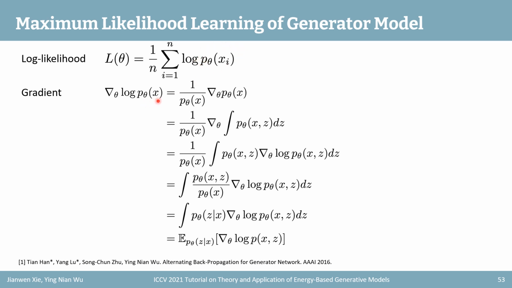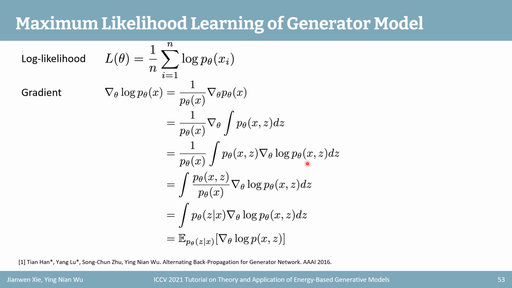Then for each generic x, the derivative of log p_theta(x), this marginal density, will be just 1 over this p_theta(x) according to the chain rule, multiplied by the derivative of this marginal density, which is the integral of the joint density, where we integrate out the latent z. Then we can move this derivative inside.